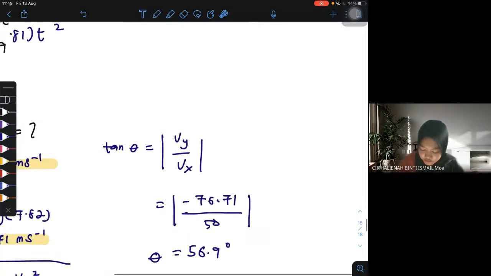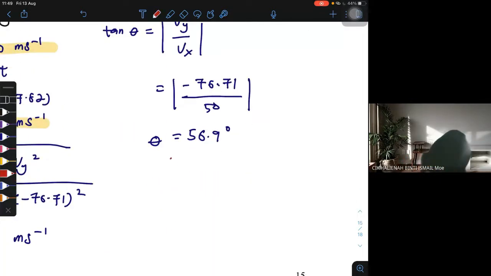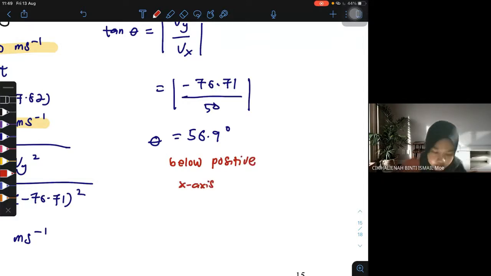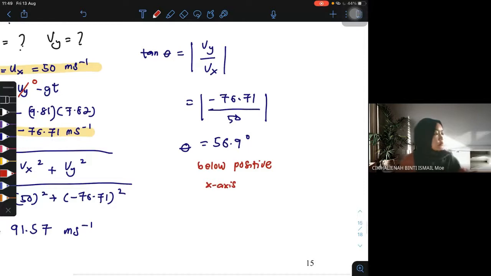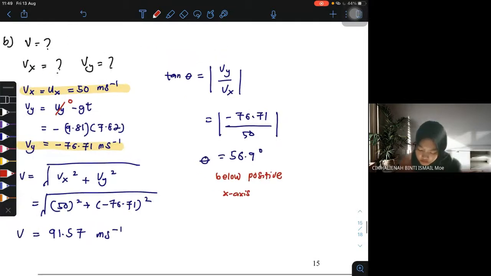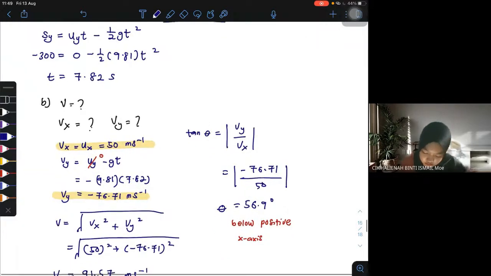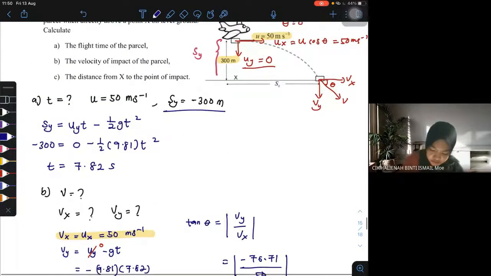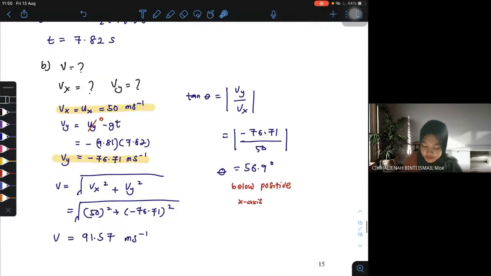So positive, yeah, below positive x-axis. Okay, do we have another question? Okay, we have actually another one. So far boleh kan yang ni? Cepat sangat kan?